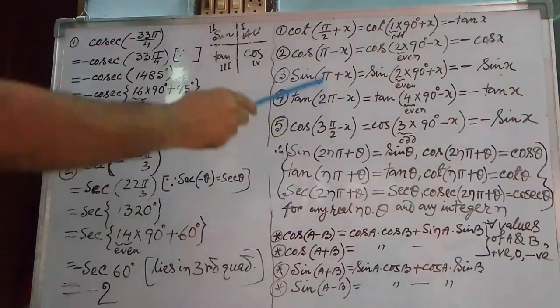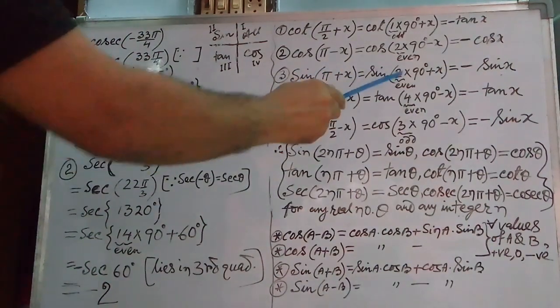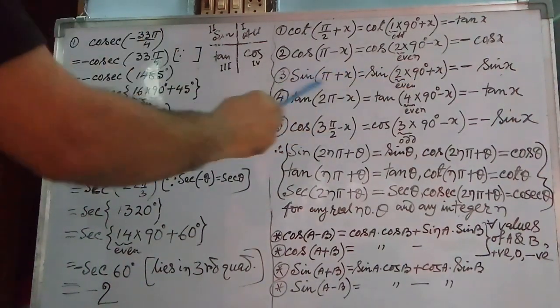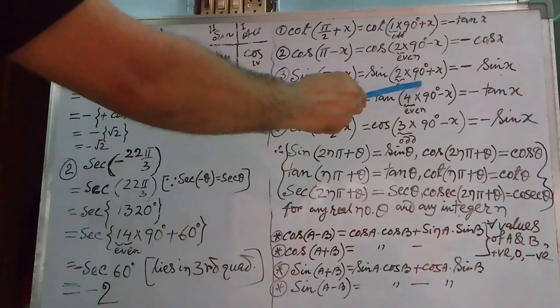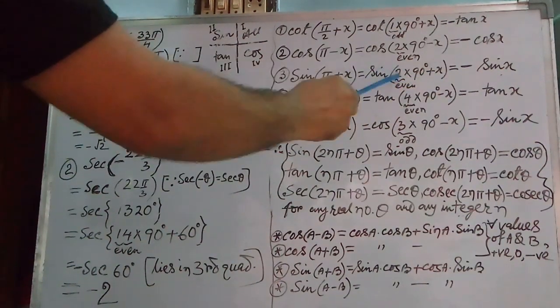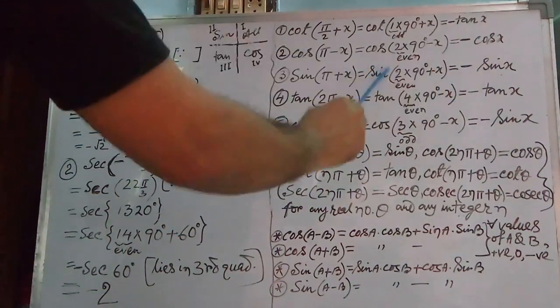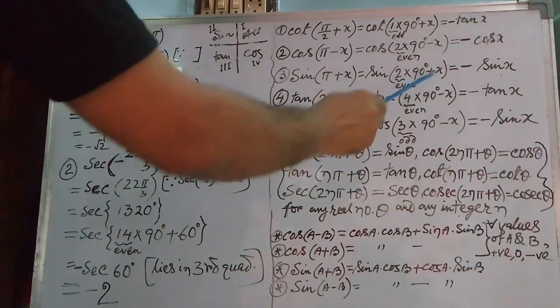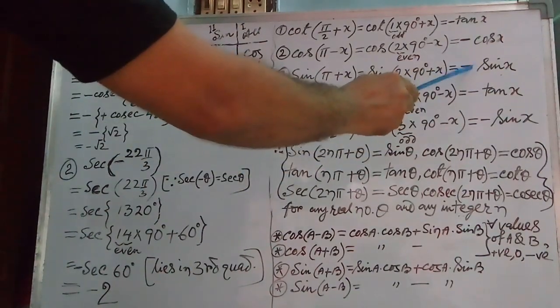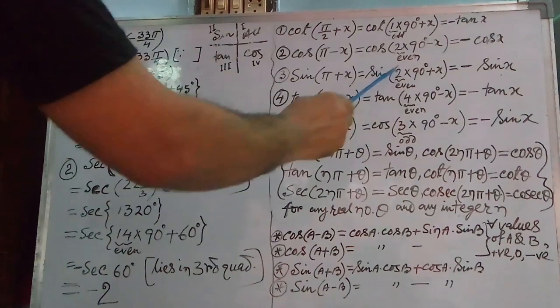Similarly, sin of pi plus x. Pi is equal to 2 into 90, so 2 into 90 plus x. Now since it is 2, an even number, sin will be written as sin, so sin x. Then you have to see the sign, whether it is plus or minus. How to find?